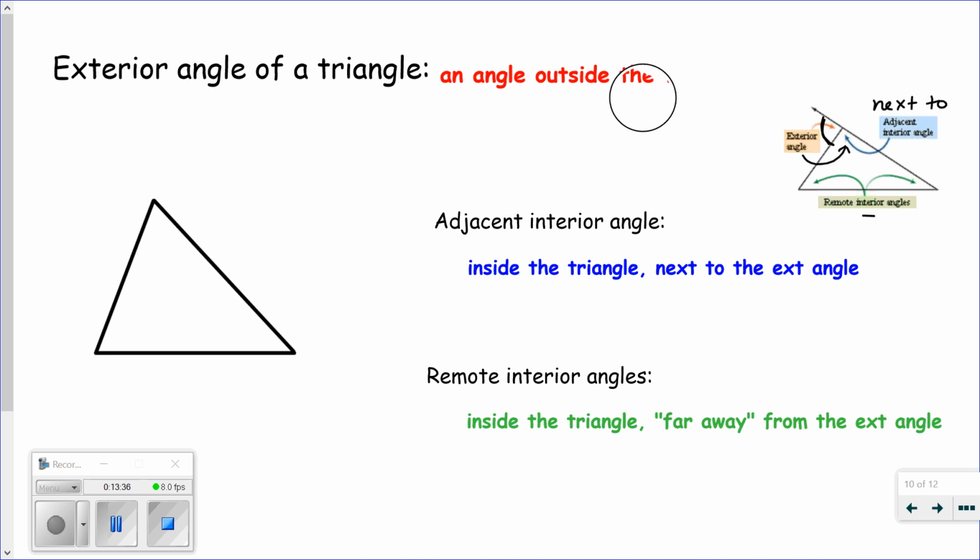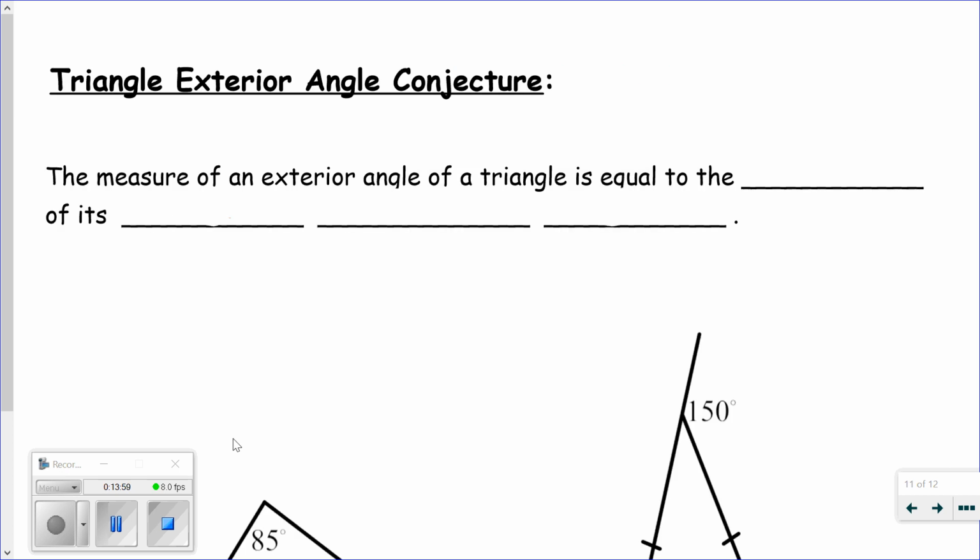All right, so there's your vocab. So we have an exterior angle outside of the triangle, adjacent, inside, and next to the exterior, and remote inside the triangle, far away from or not connected to the exterior. Remote just means far away. All right, so those are your terminology when we're talking about the angles of a triangle.